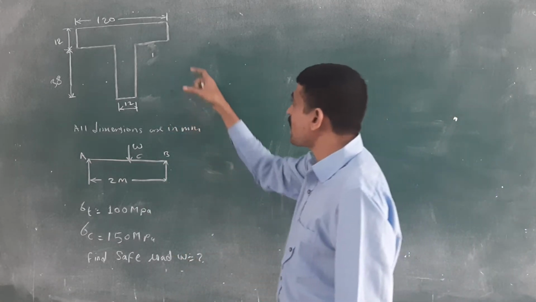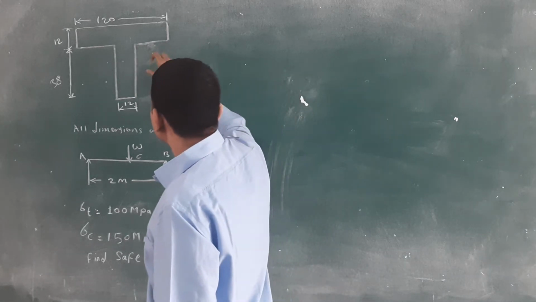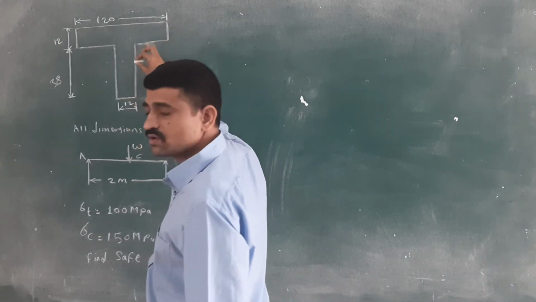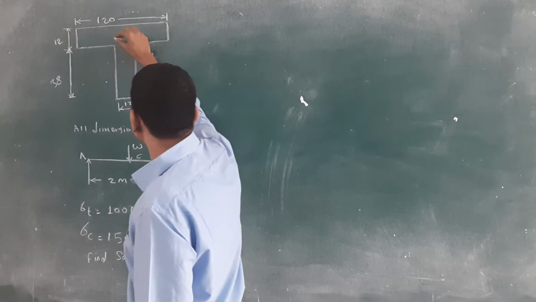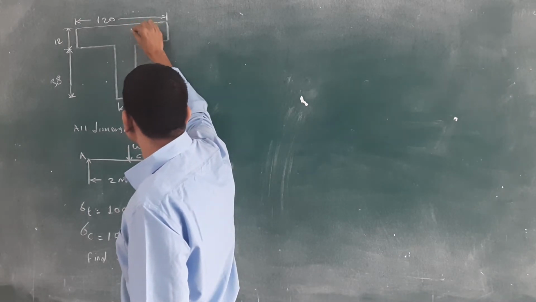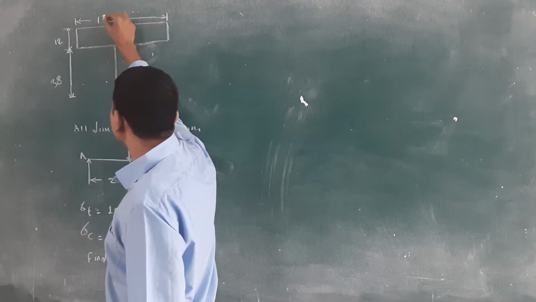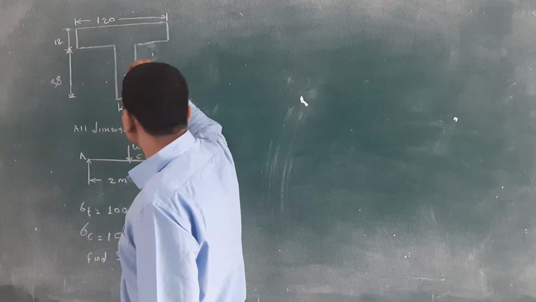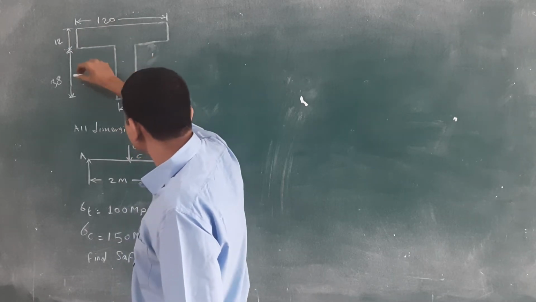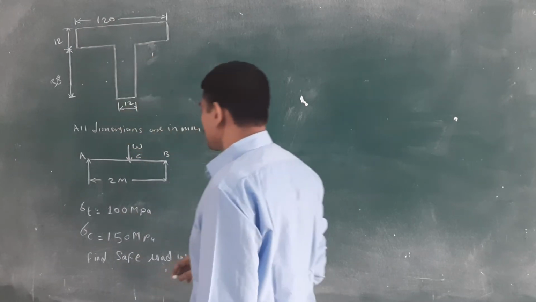Here you have the T section. The top flange dimension is 120 by 12, and the web dimension is 38 by 12.